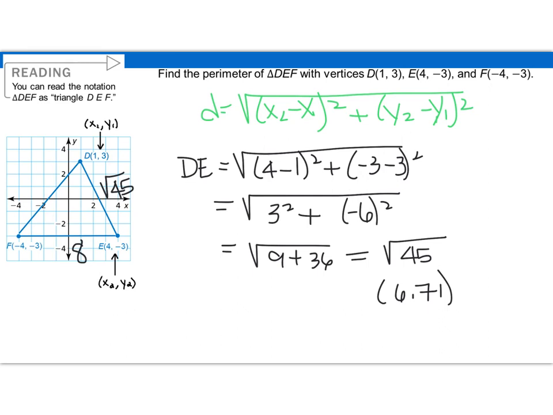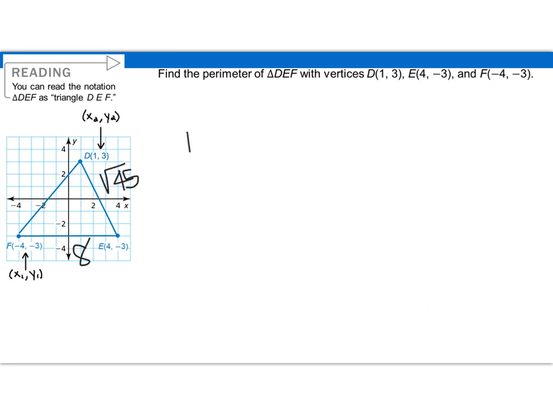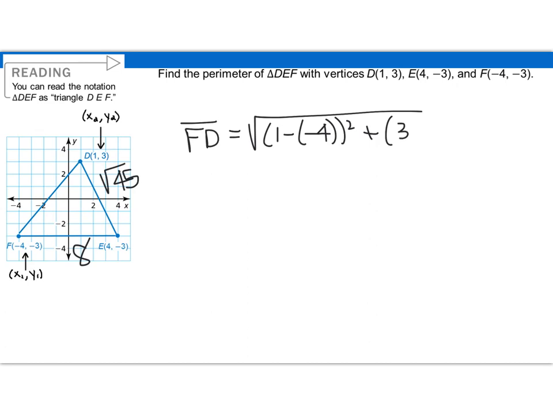And then the last side length I have to find is FD. So I'm going to just go ahead and call x1, y1 on point F and x2, y2 on point D, since it's already labeled. So now for segment FD, I have the square root of x2, which is 1, minus a -4, and we're going to square that and add that to the difference of 3 minus a -3, and we're going to square that.